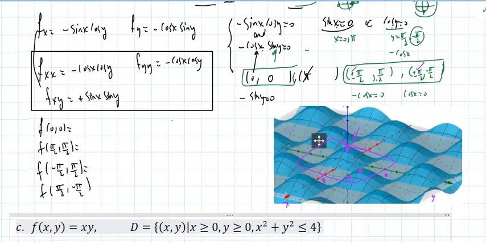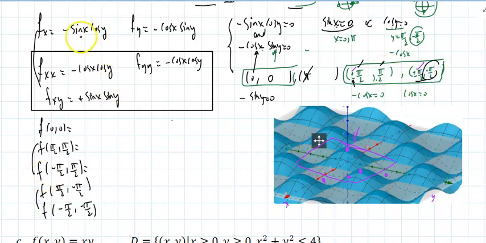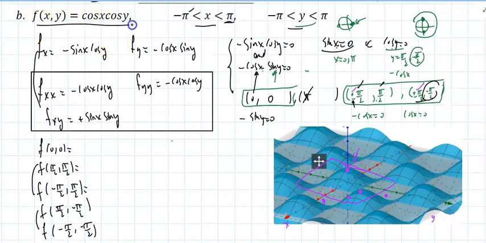And lastly, figure out f of negative pi over 2, negative pi over 2. So this is positive pi over 2, pi over 2, and negative, that's those two. And positive and negative, and this is always negative, that's those two. Well, it's right there. The work is a bit intense, but here.